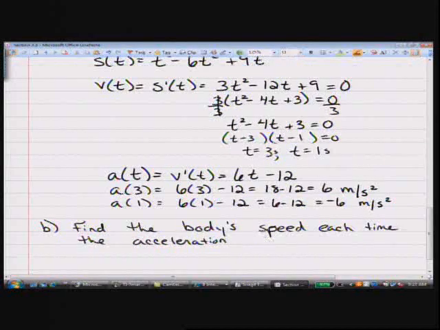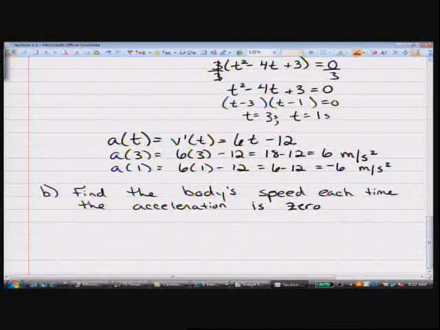Okay, so this is a different question now. So now we're going to figure out when the acceleration equals 0, and then we're going to take that time and plug it into our velocity equation, but we want to take the absolute value of the velocity because speed is not positive or negative. Does that make sense? So that's this question. Find the body's speed each time the acceleration is 0.